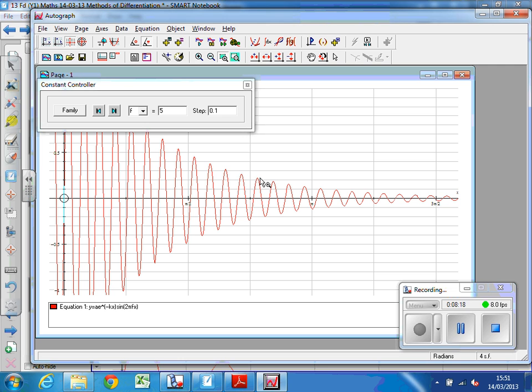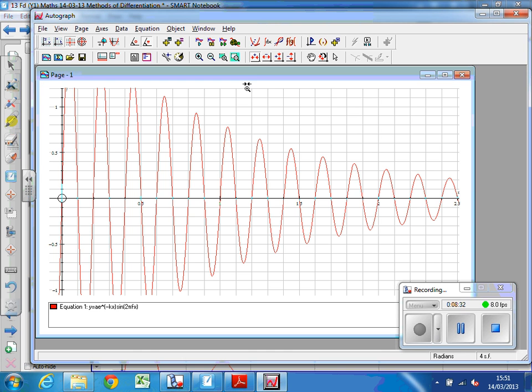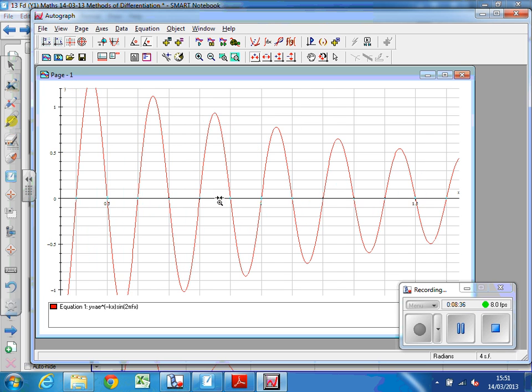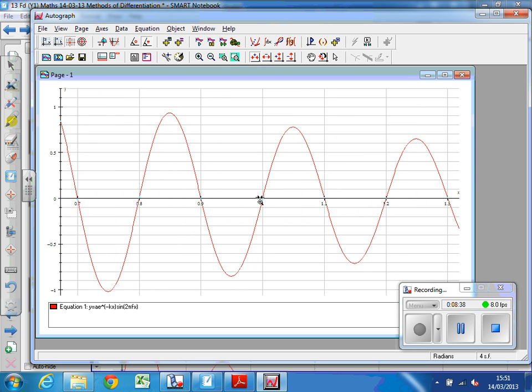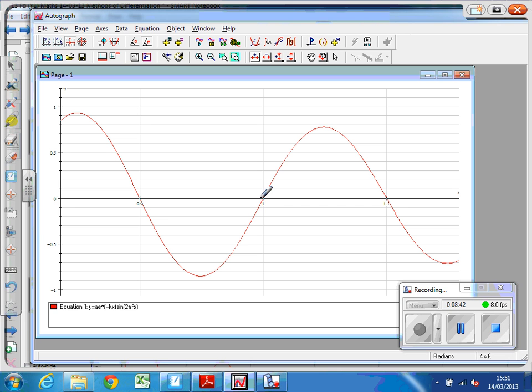And what we're interested in is what this looks like after 1 second. So if I were to zoom in on the x-axis here, I can see there's 0.5, there's 1. So what I'm after is the rate of change of this function after 1 second. There's 1.